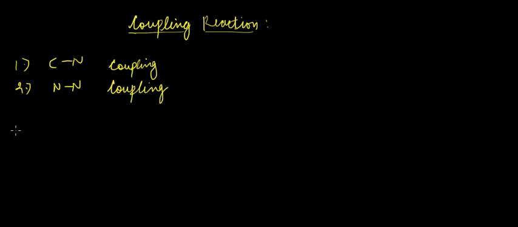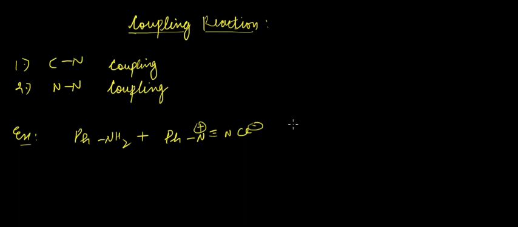So let's say we have a reaction like this. We have aniline and we are reacting it with diazonium salt. We will get something like, let's suppose, at a pH of 5 to 7.